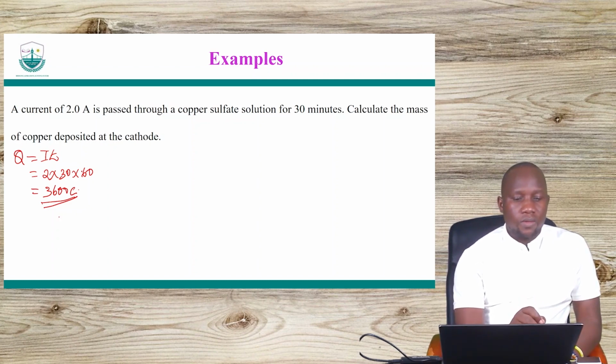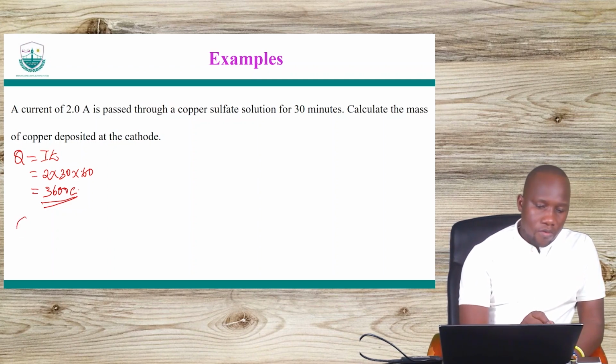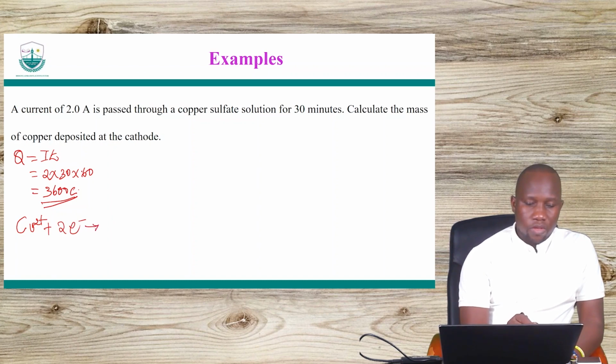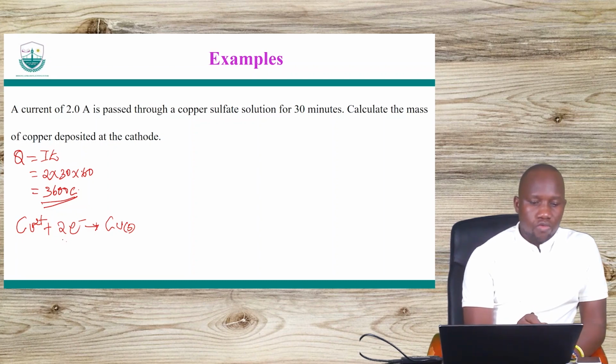We know that for copper ions to be deposited, you add 2 electrons to give you copper solid, right? So the interpretation here is that you will have 2 moles of electrons depositing 1 mole of copper.